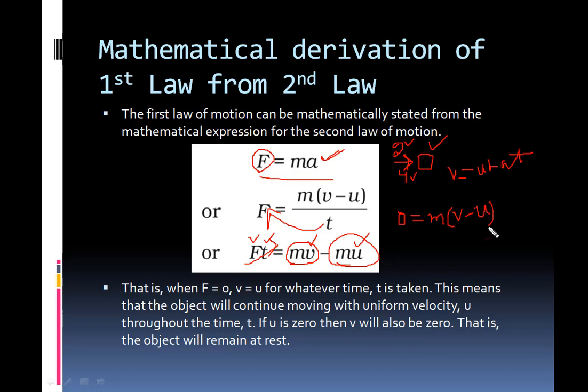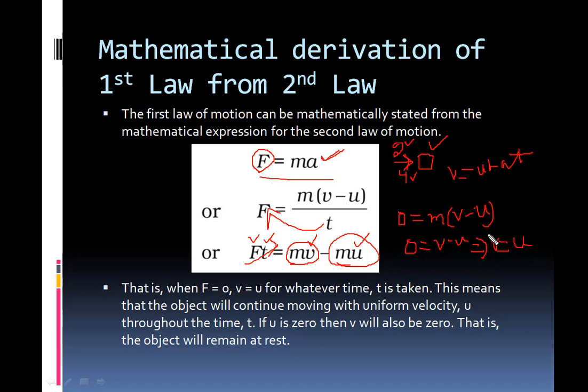Now if you divide 0 by m, 0 by m becomes 0. So 0 is equal to v minus u, which implies that v is equal to u.